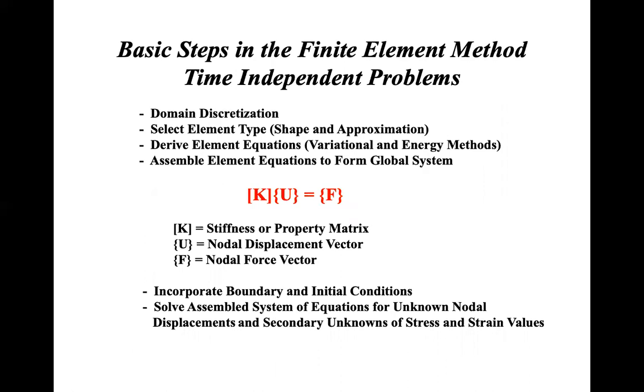Now, what are the basic steps in the finite element method? First we will discretize the domain. Then we will select the element type, what element we have to use, and in that also whether to go with linear or quadratic.